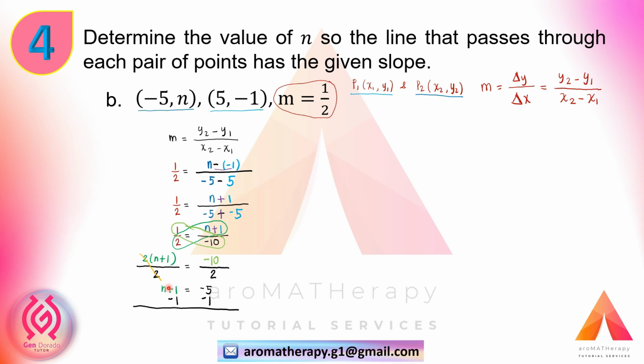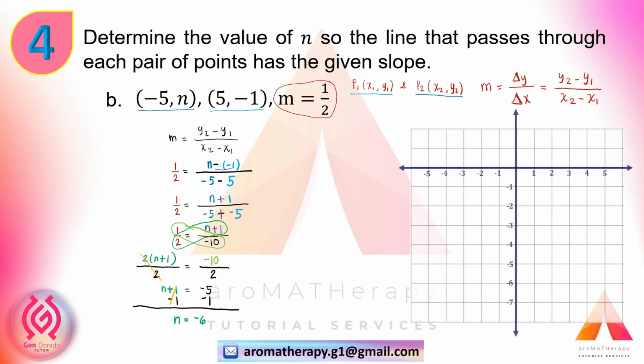Positive 1 and negative 1 cancel, so it becomes 0. We are left with n. N is equal to negative 6. How did it become negative 6? Negative 5 minus 1 is equal to negative 5 plus negative 1, which is equal to negative 6. Again, recall your lessons in integers, particularly subtraction of integers, if you forgot.